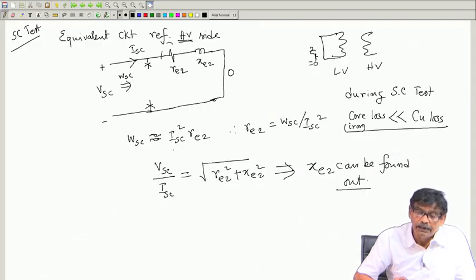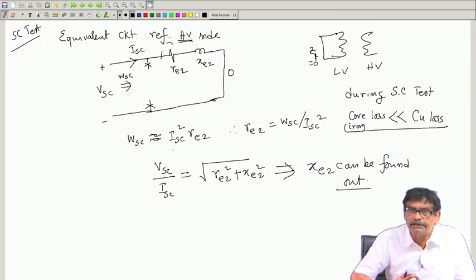So now we have carried out two tests, but my final objective is to draw the equivalent circuit, referred to a particular side. Referred to which side? It is my choice, the user's choice.